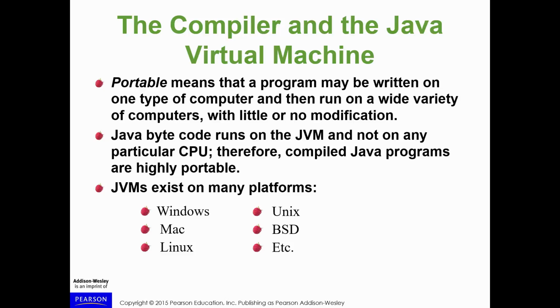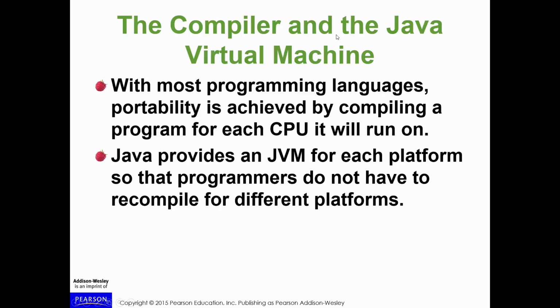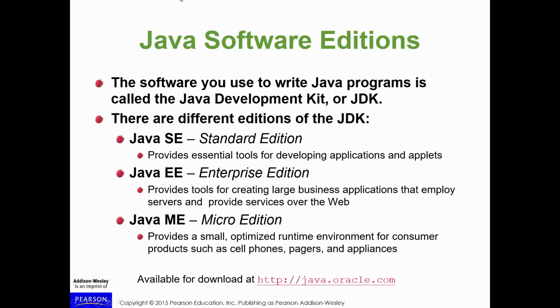So if you wanted to write your Java programs on a Mac, there's no reason technically you wouldn't be able to do so. As mentioned here in the second bullet, Java provides a Java virtual machine for each platform, so programmers don't have to recompile their code for different platforms.